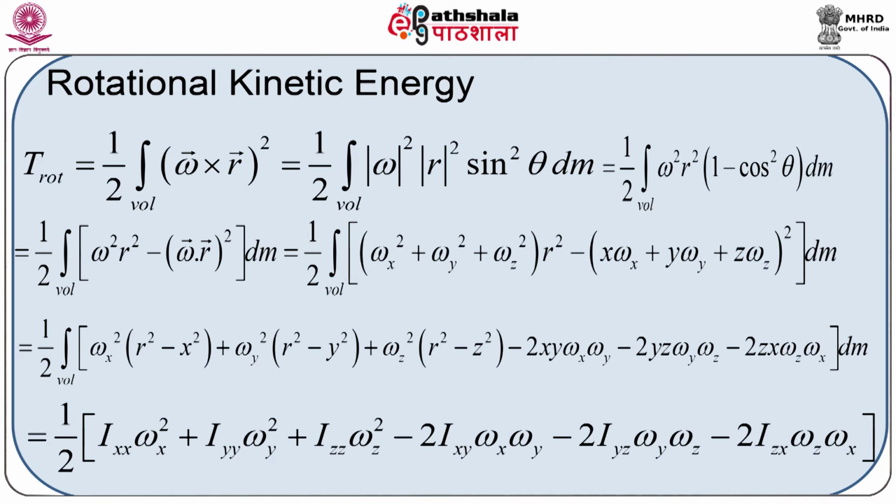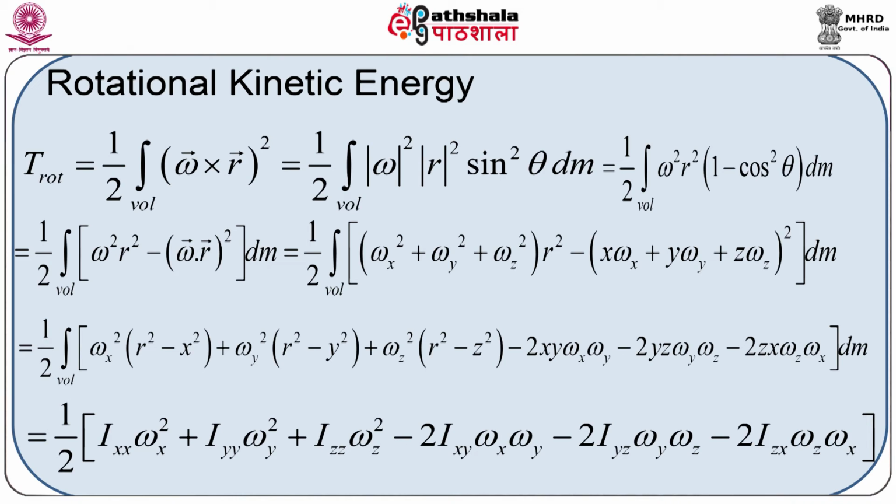Now, omega square means omega x square plus omega y square plus omega z square, since omega x, omega y, omega z are the components of angular velocity along x, y and z axis respectively. Since omega x, omega y, omega z are the components of omega vector along x, y and z axis respectively, r has components x, y and z.